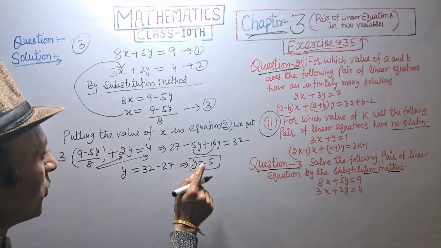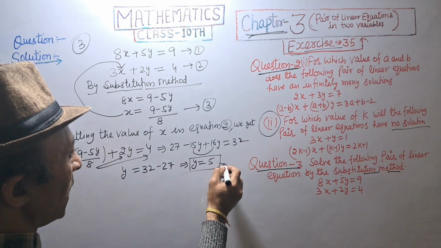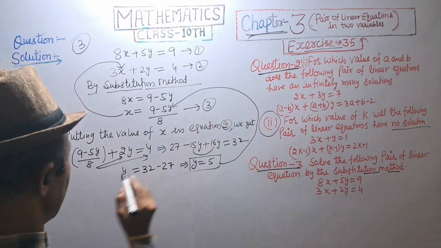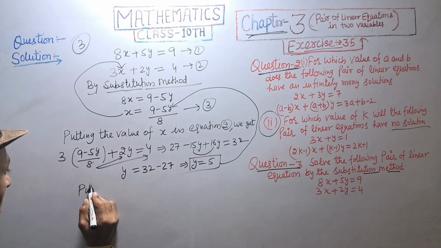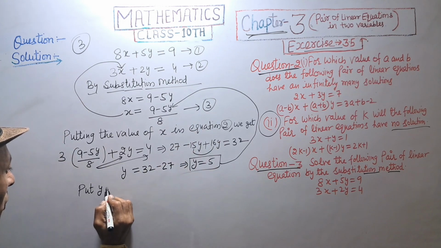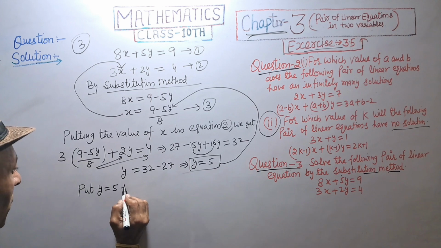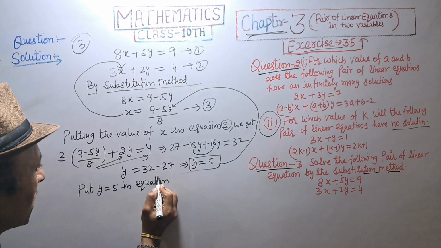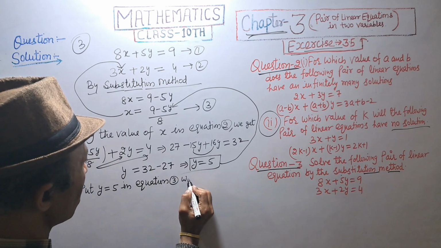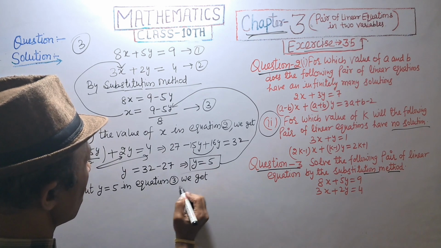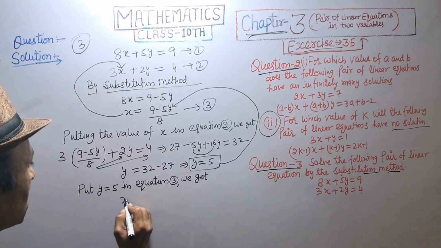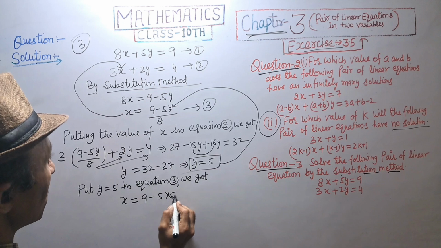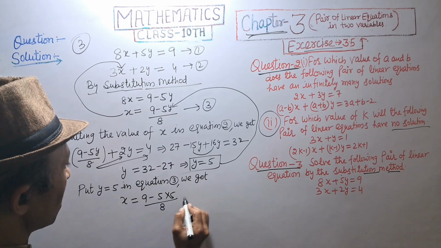This implies y is equal to 32 minus 27 is equal to 5, and we get the value of y equal to 5. And putting the value of y in equation third, put y is equal to 5 in equation third, we get x is equal to 9 minus 5 into 5 divided by 8.